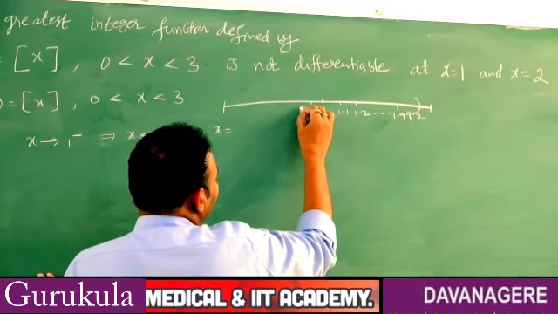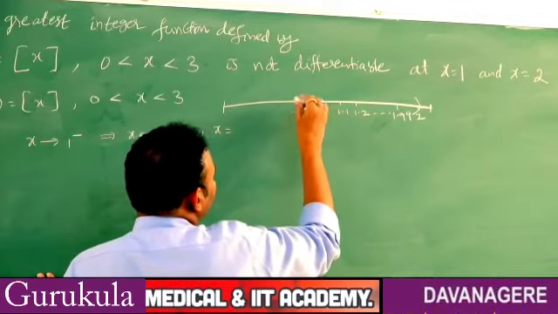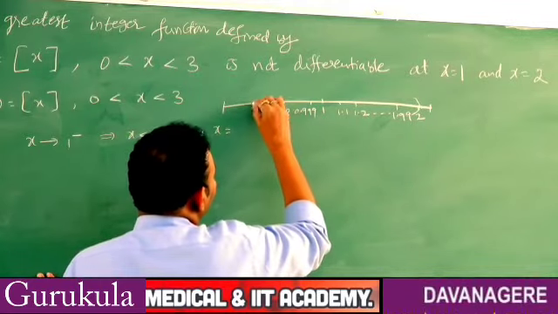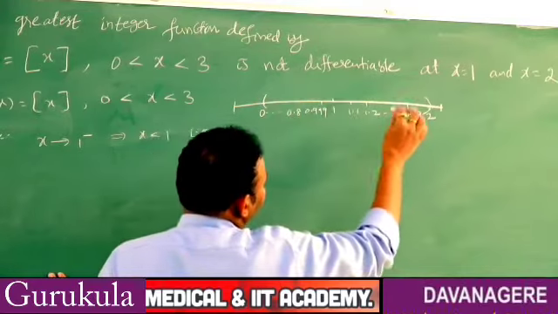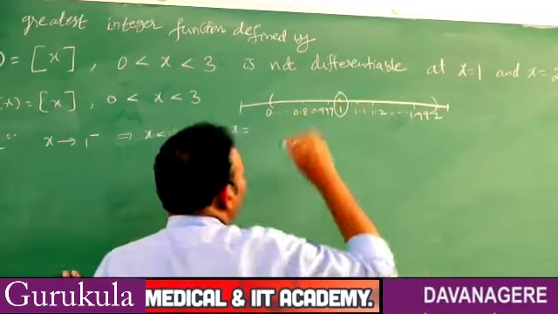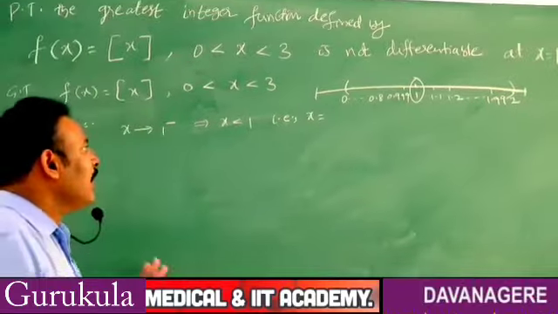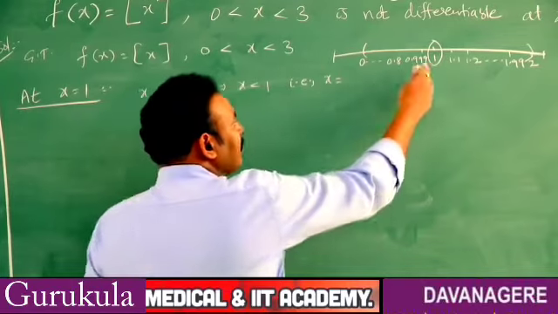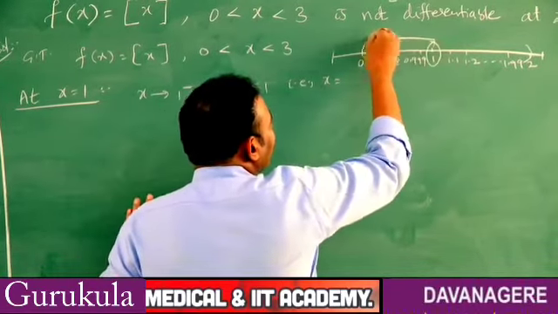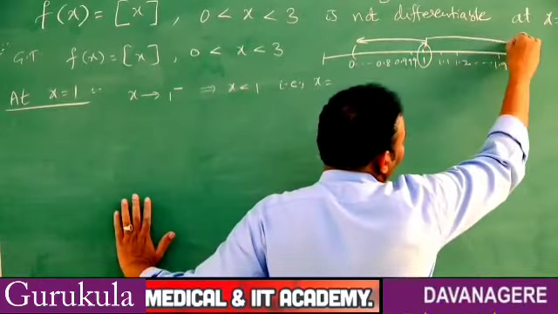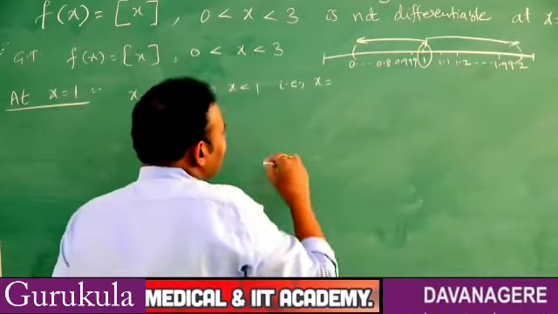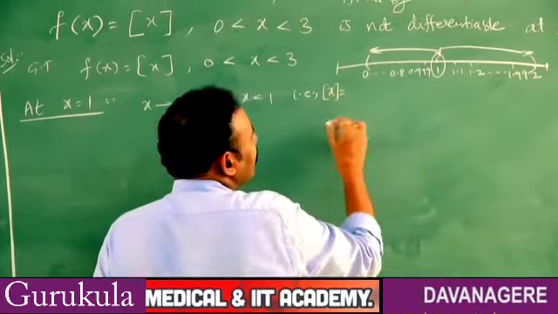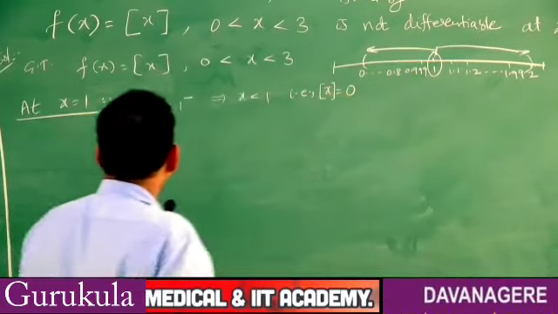And 0.999, 0.8, like that it is coming here, 0, like this it is coming. This is 1. X less than 1 means its integer value is less than 1, so the greatest integer function value is 0.